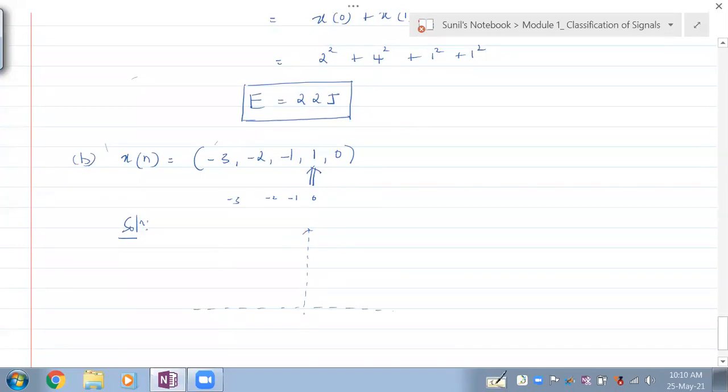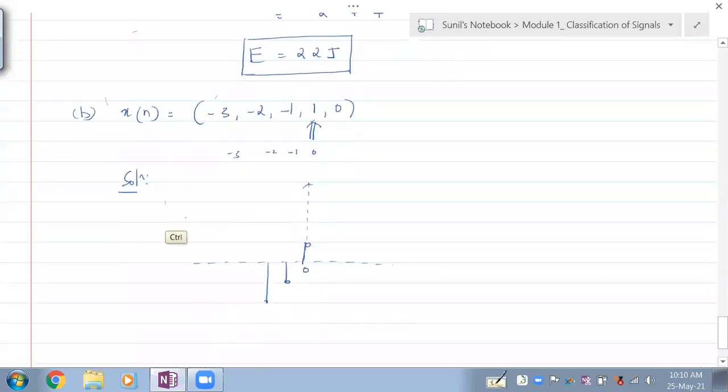At n equal to 0 it is 1. At n equal to minus 1 it is minus 1. At n equal to minus 2 it is minus 2. At n equal to minus 3 it is minus 3.